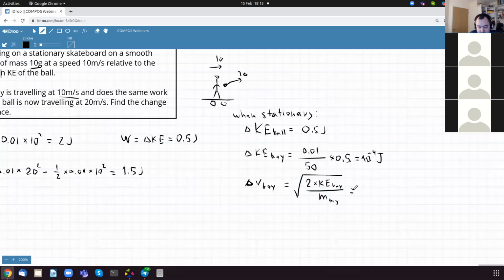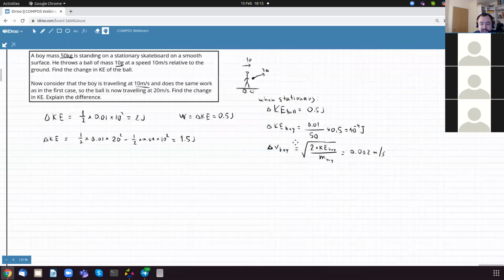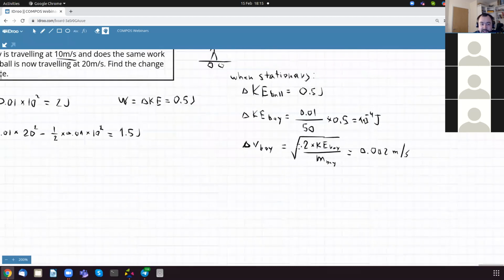So 2 times that divided by 50, and square root of that. So that's 0.002 meters per second. I mean, this is a tiny amount. It's a tiny energy and a tiny change of speed.